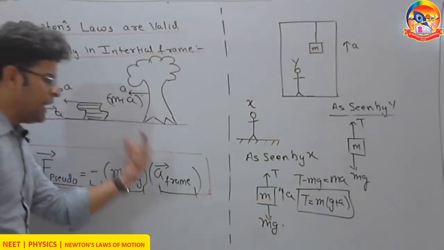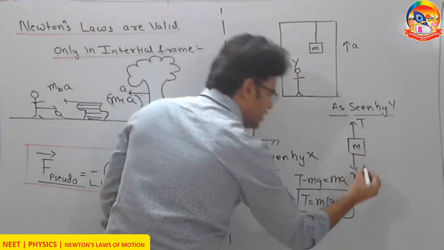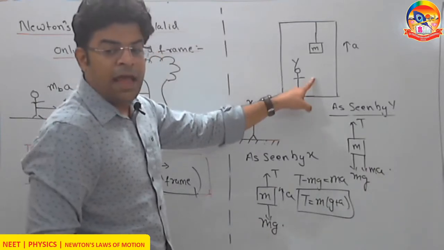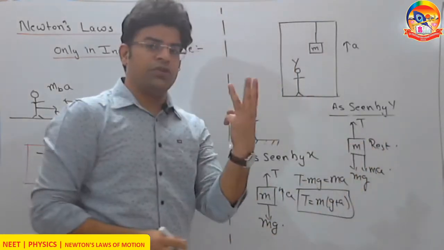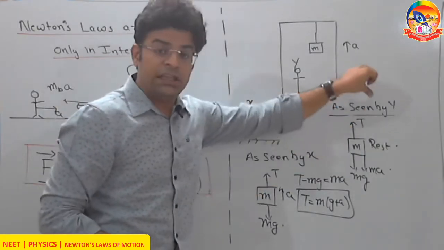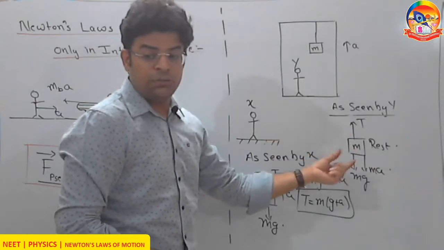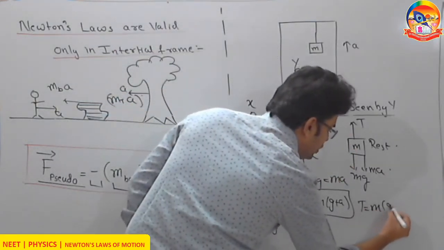Mass of the body times the acceleration of the frame. So the mass of the body is m, the acceleration of the frame is a upward, so the pseudo force acting downward will be ma. Now in the frame of Y, Y will say this block is at rest, and there are three forces acting on it: T, mg, and the pseudo force. Since the block is at rest, the net force on the block has to be 0, so T must be equal to m times (g plus a).